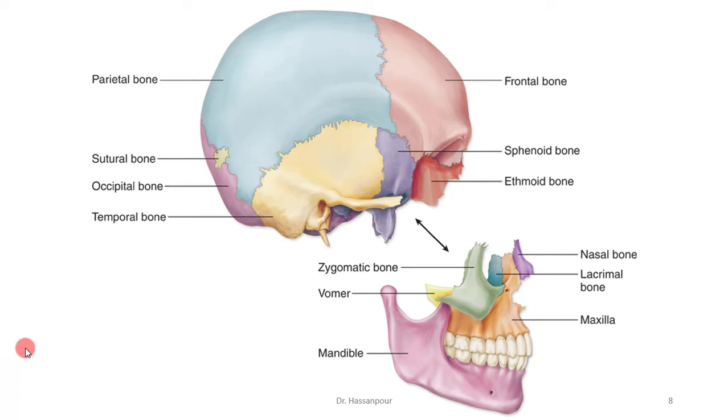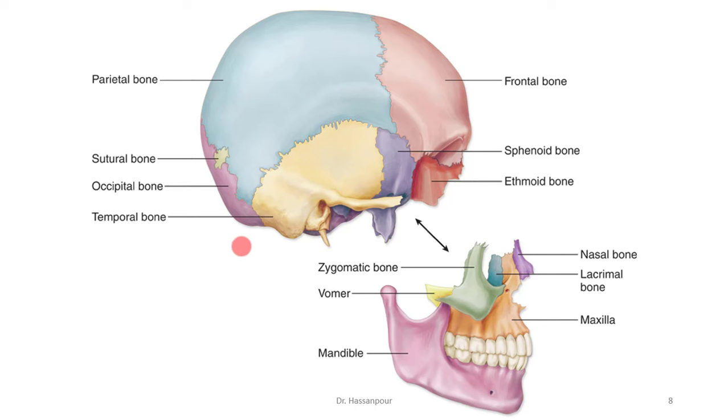Okay, to best understand the complex nature of the skull, we first examine some individual skull bones in detail. Then, in the next section, we examine the skull as a whole and learn which bones are best seen from a particular view.